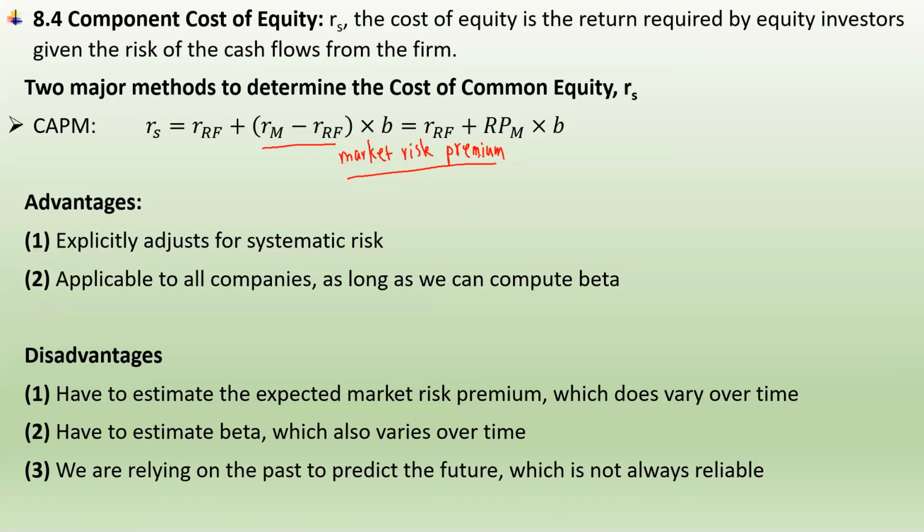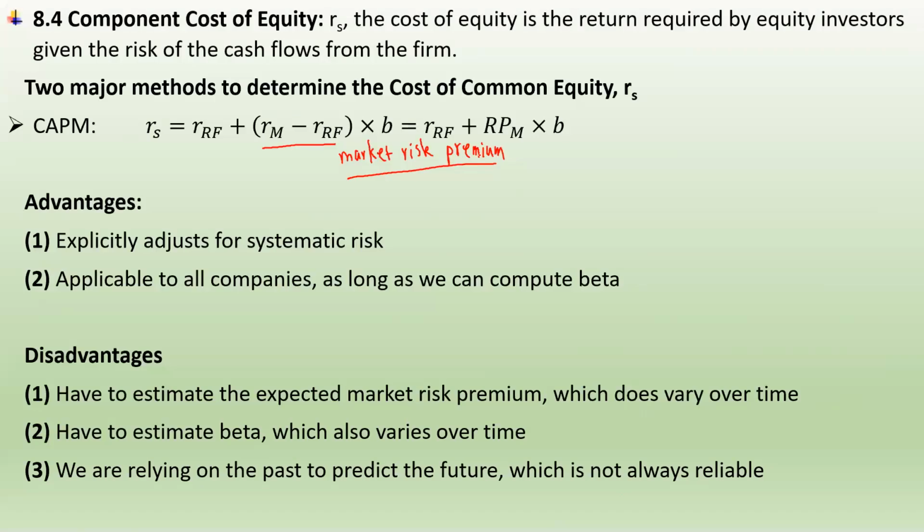It's hard to predict the future. Sometimes it's not very reliable. In the future, the beta of the firm changes a lot sometimes.